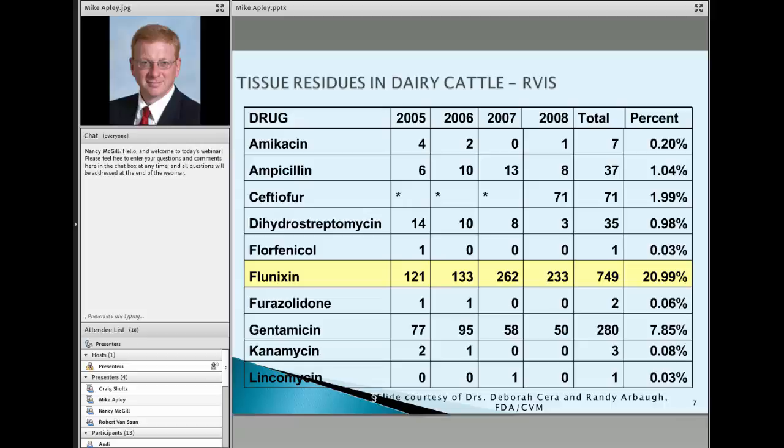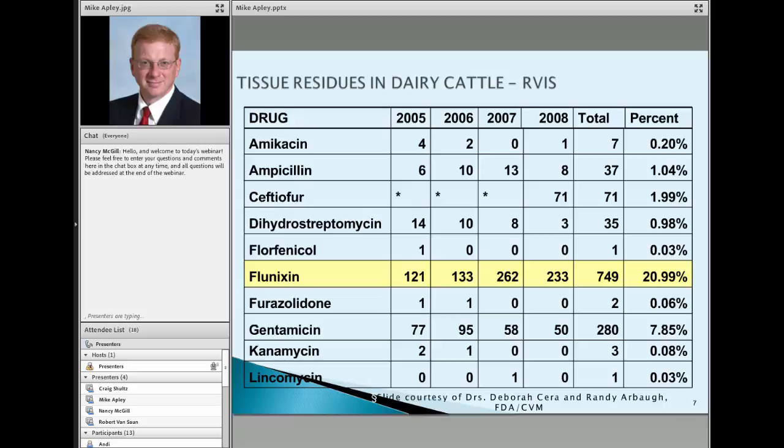The ceftiofur testing concentrations, tolerances changed, and also some testing techniques, and you can see in 2008 that resulted in more ceftiofur violations, as they didn't have them before.